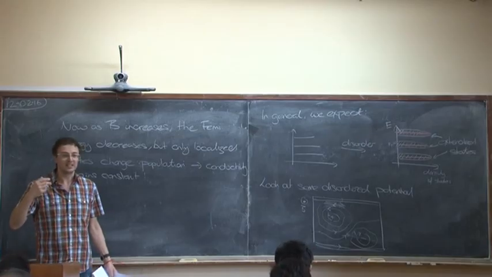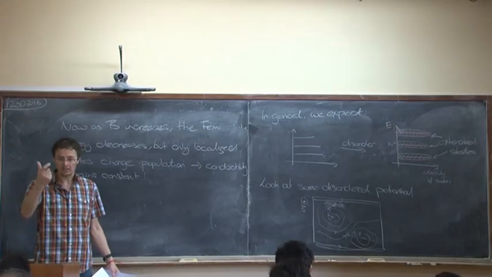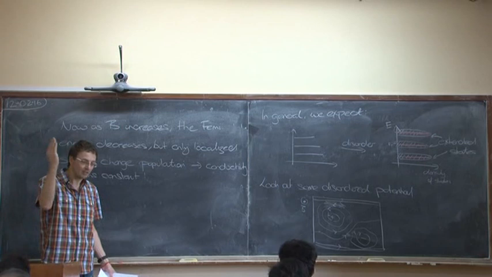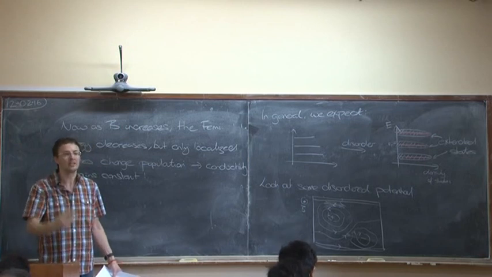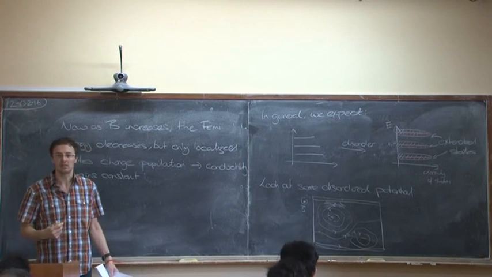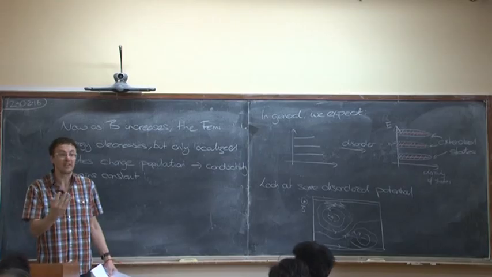Okay, is this clear? This is the reason you get these plateaus: the Fermi energy changes, but it's only the localized states being affected.